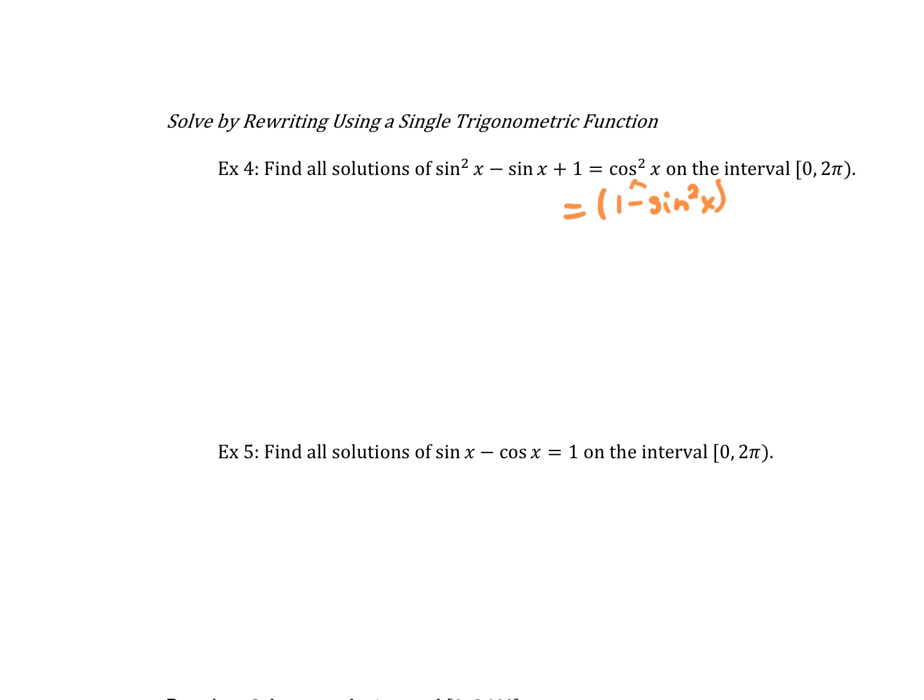Then you've got sine squareds for everything. It's going to be a lot easier to work with. So there's a hint for that one. Okay, we're gonna keep going though. I'm just giving you hints for now. We'll work through these shortly.